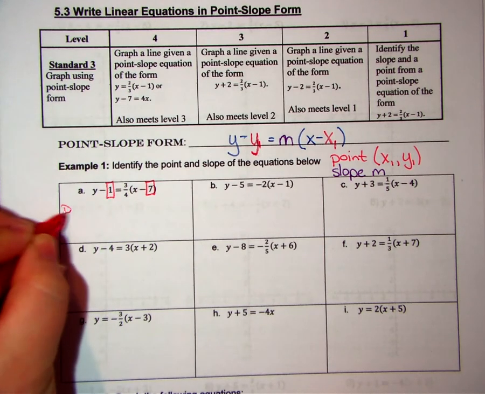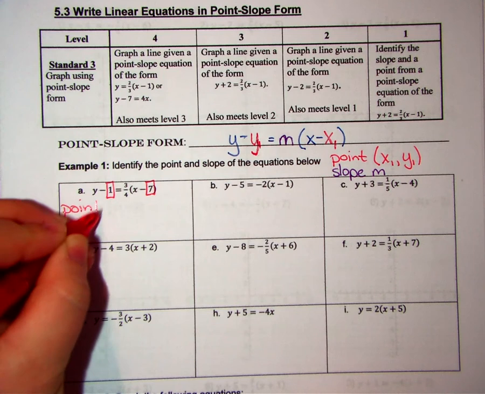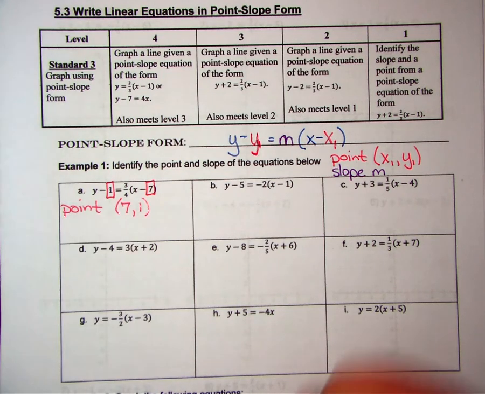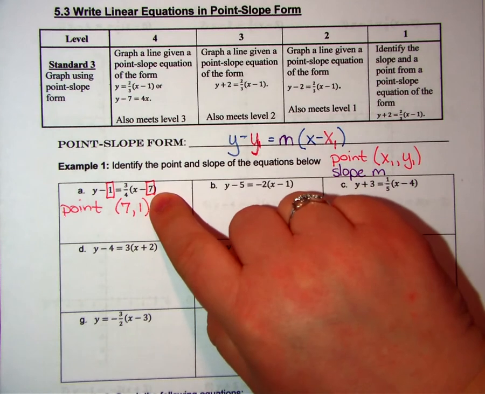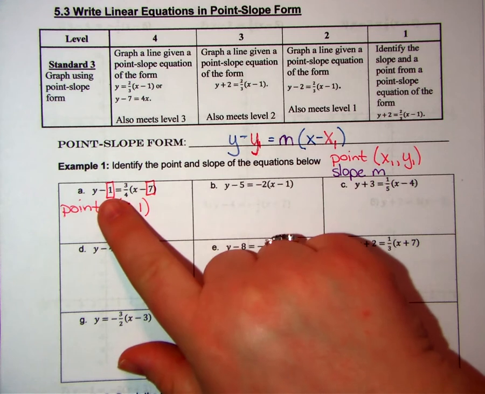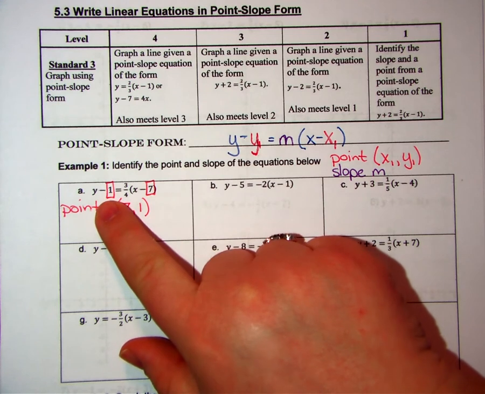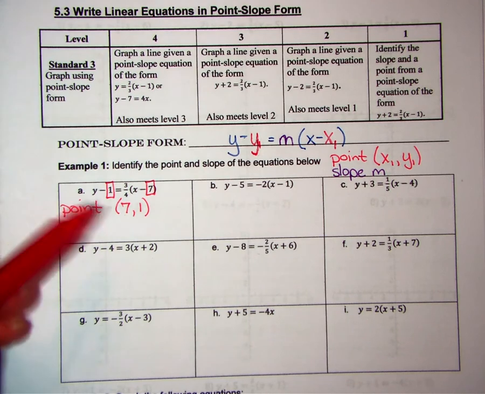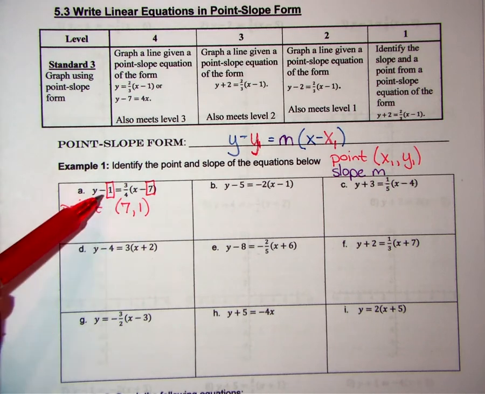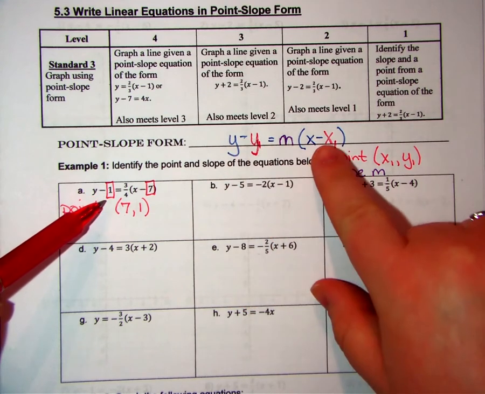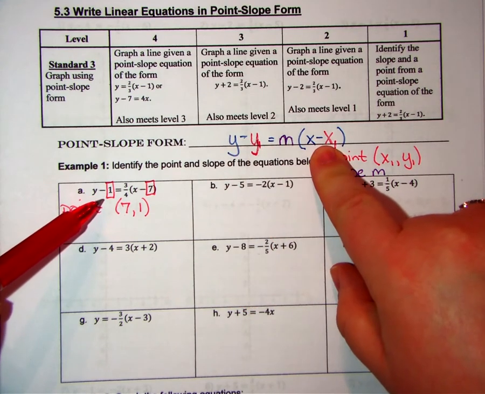1. I know that this is my x value because it's found inside the parentheses, and I know that this is my y value because it was on the opposite side. I'm not making this -7 and I'm not making this -1 because the negative was already part of the form from the equation.